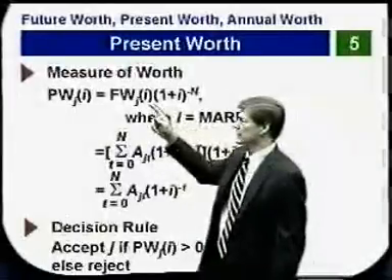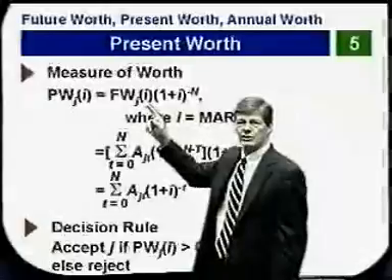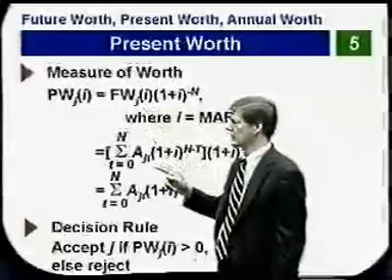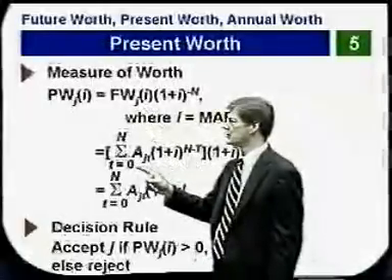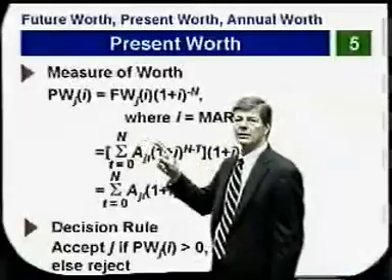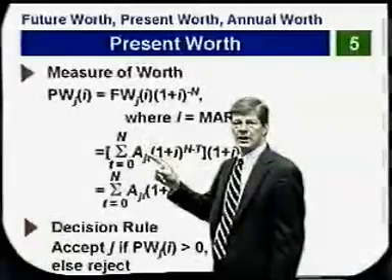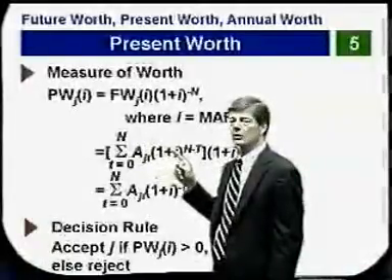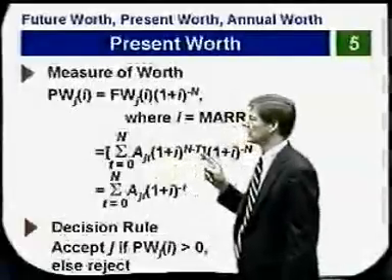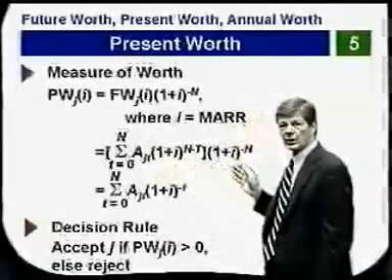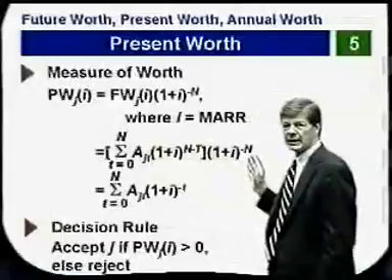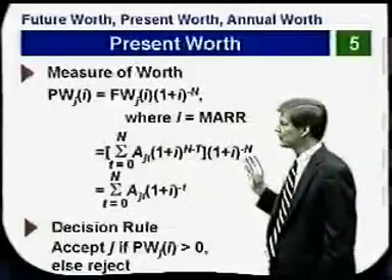I can substitute in here the expression to calculate future worth shown here, that is the sum from time 0 to time n of the net cash flows, A_JT, compounded and or discounted to a common point in time, capital T, and all of that discounted back n periods.